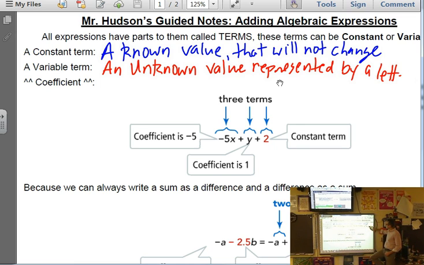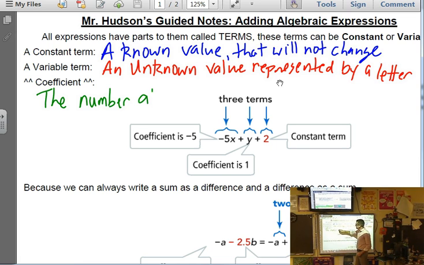Running out of space here. And a coefficient. The number next to it. How does it have to be attached? To multiplication. Yeah. So a coefficient is the number. I realize that when I write in cursive, some of you guys get confused.